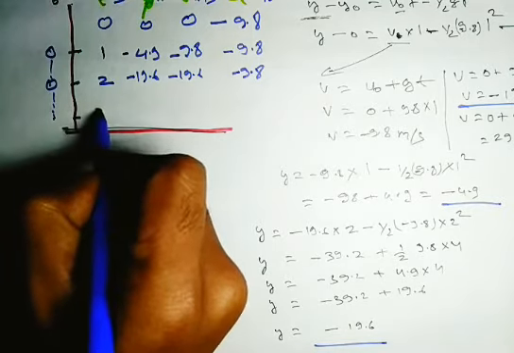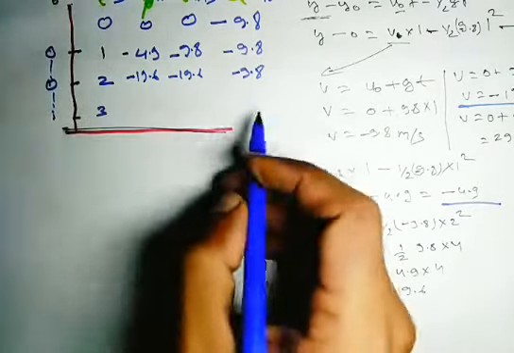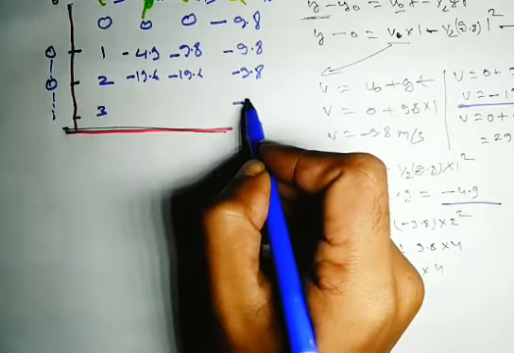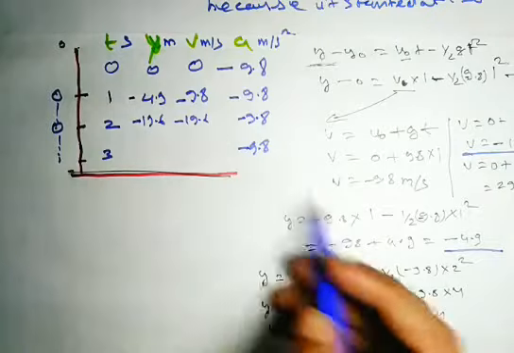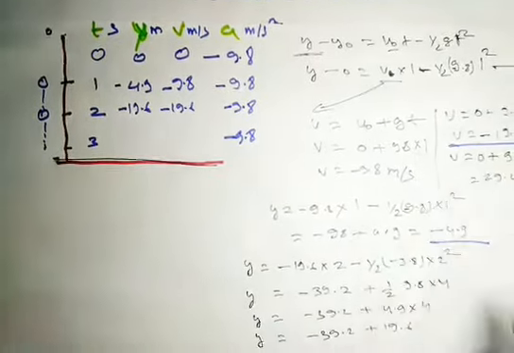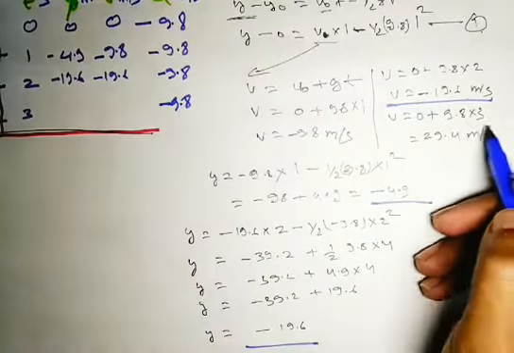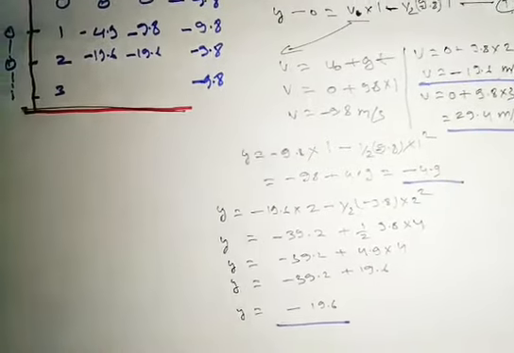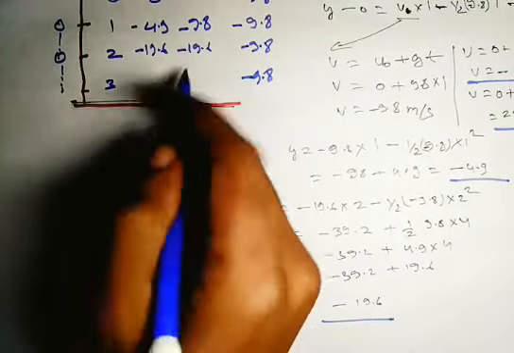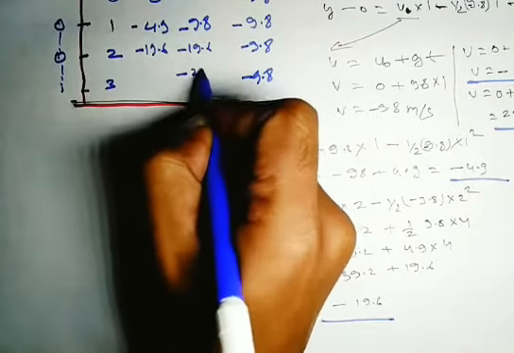So moving on, at t equal to 3 seconds, g equal to minus 9.8, and v equal to what we have calculated, minus 29.4.